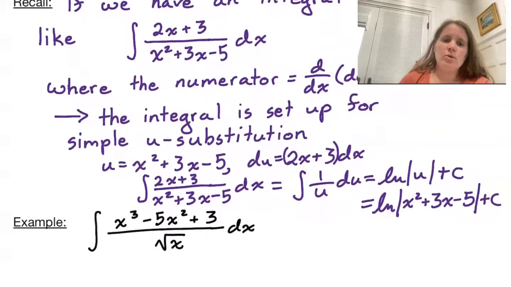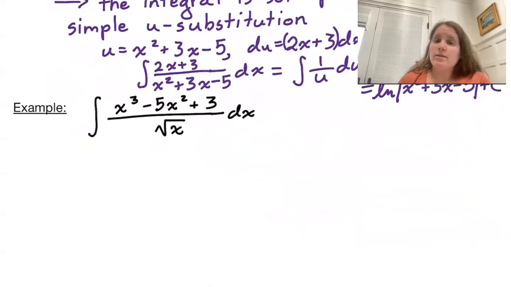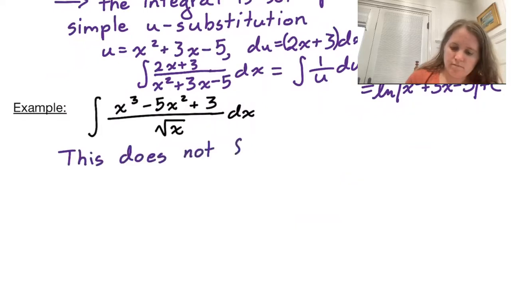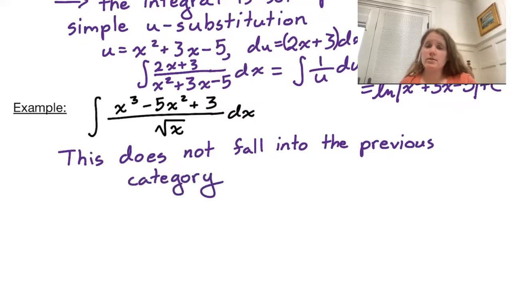So for another example, let's consider the integral of x cubed minus 5x squared plus 3 divided by square root x dx. So this does not fall into the previous category, right? And we have two options to solve this.